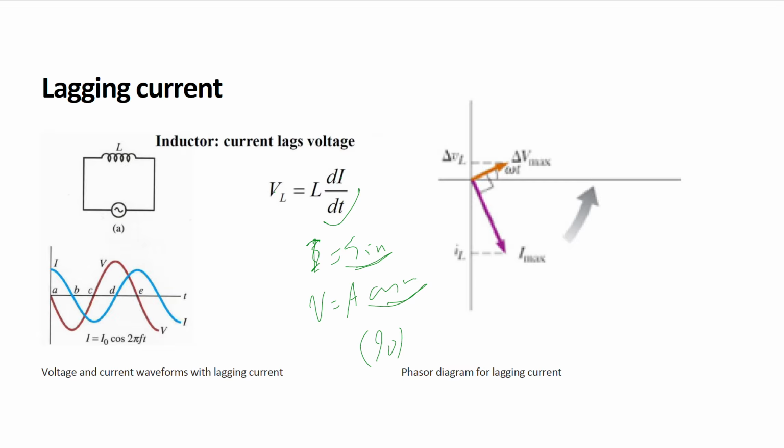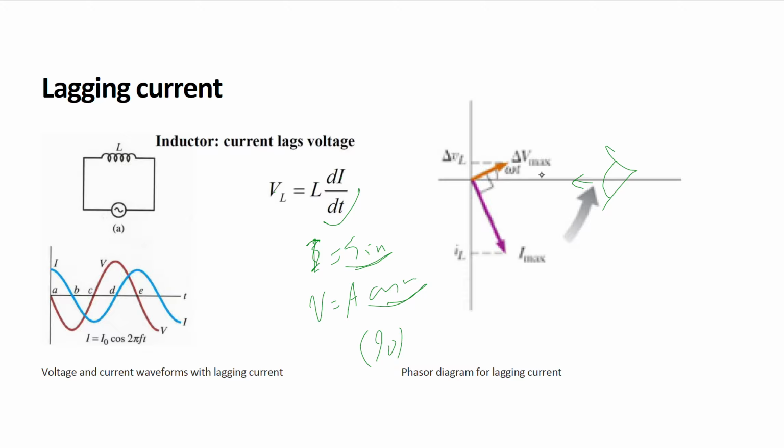Or another way, does the current lead the voltage or lag the voltage? How can we find that? You can consider this phasor graph. You are going to watch the x-axis. These are rotating vectors.